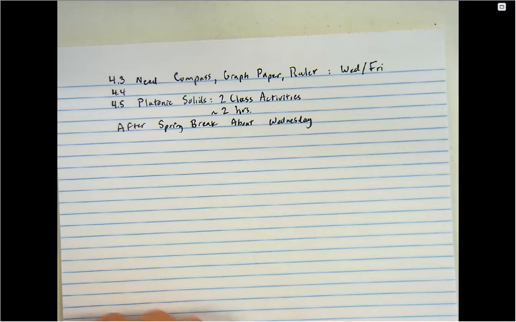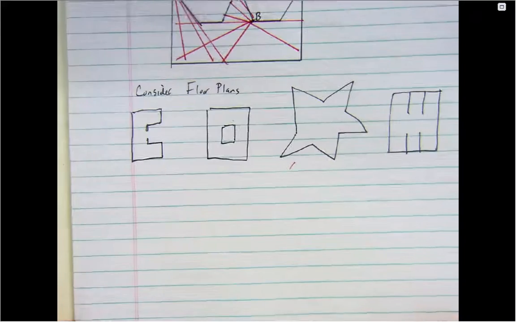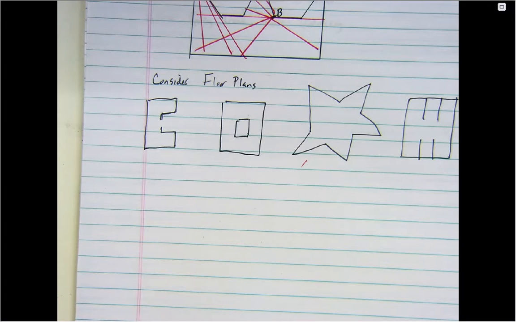Well, let's go back to where we were working. We were working on the art gallery theorem in section 4.2. So we had looked at particular art gallery layouts, and we're going to restrict ourselves to a particular art gallery. Remember, we were looking at how many guards are necessary to guard an art gallery, and of course it depends on the layout.